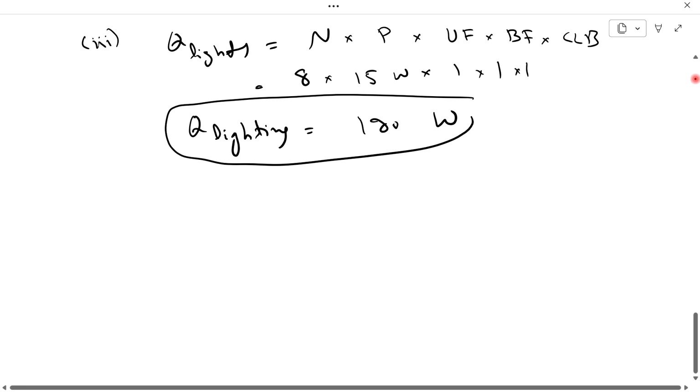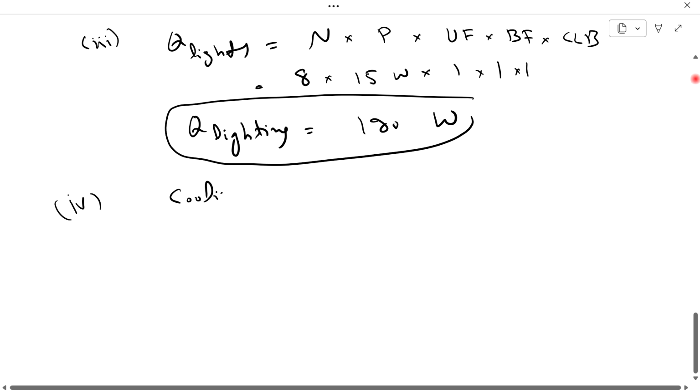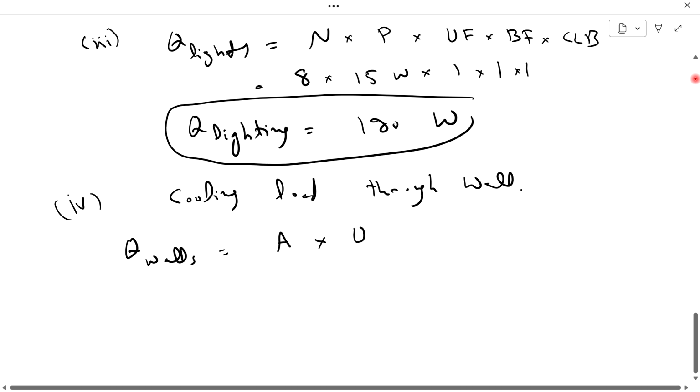Part number 4 or part D is to calculate the cooling load through walls. So Q walls is equal to, there are two walls, so the formula is area multiplied by overall heat transfer coefficient multiplied by cooling load temperature difference.